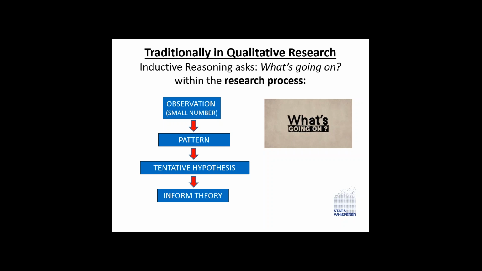But from this observation, a pattern is noticed. The researcher notes patterns, kind of an inkling of what's going on, so a tentative hypothesis is developed: A is related to B, or B happens because of A. It's a tentative hypothesis, and it begins to inform theory, a theory of what's happening and why.